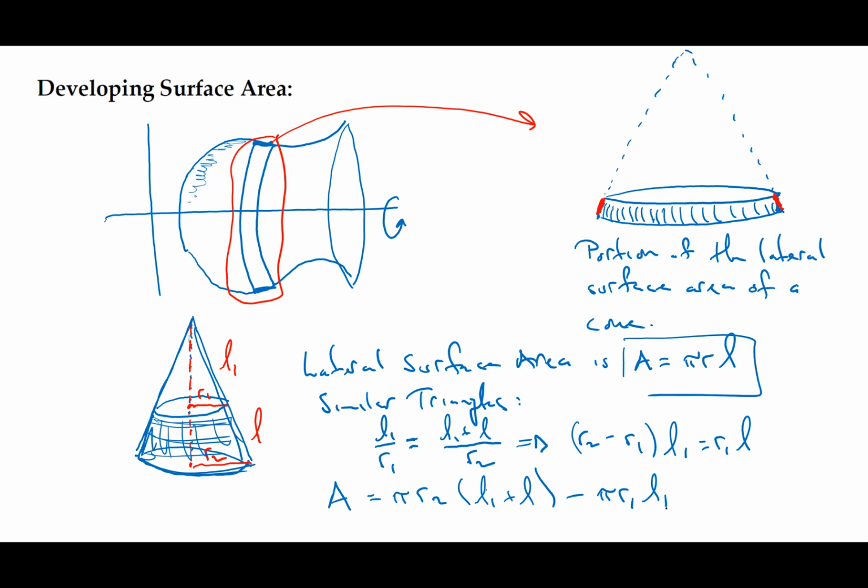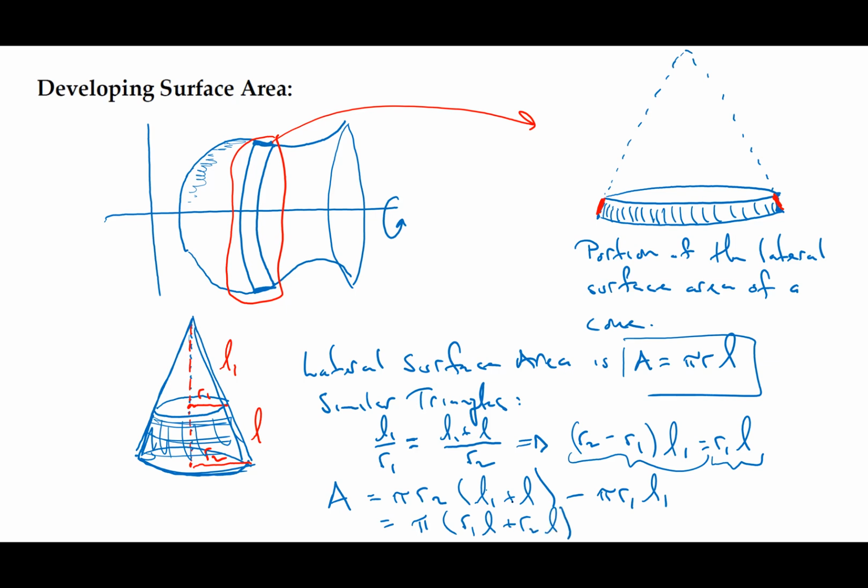And so what I can then get, taking advantage of the fact that R1 L is this expression, I can then say that area is pi times R1 L plus R2 L.